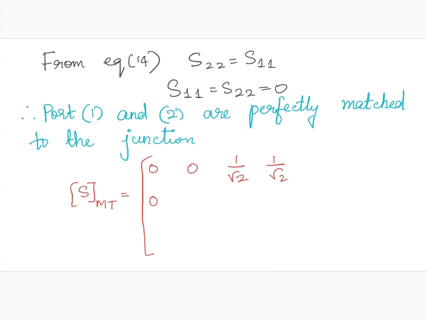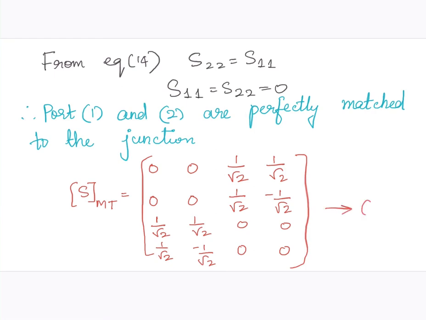S21, S22 is 0, S23 is 1 by root 2, S24 is minus 1 by root 2, then S31 which is equal to 1 by root 2, 1 by root 2, 0, 0, S41 is 1 by root 2, minus 1 by root 2, 0, 0. So this is the final equation.